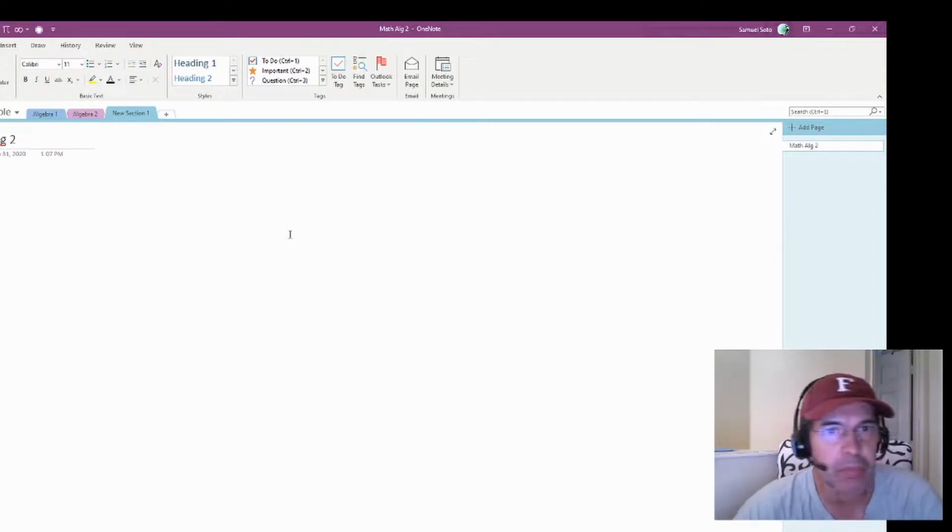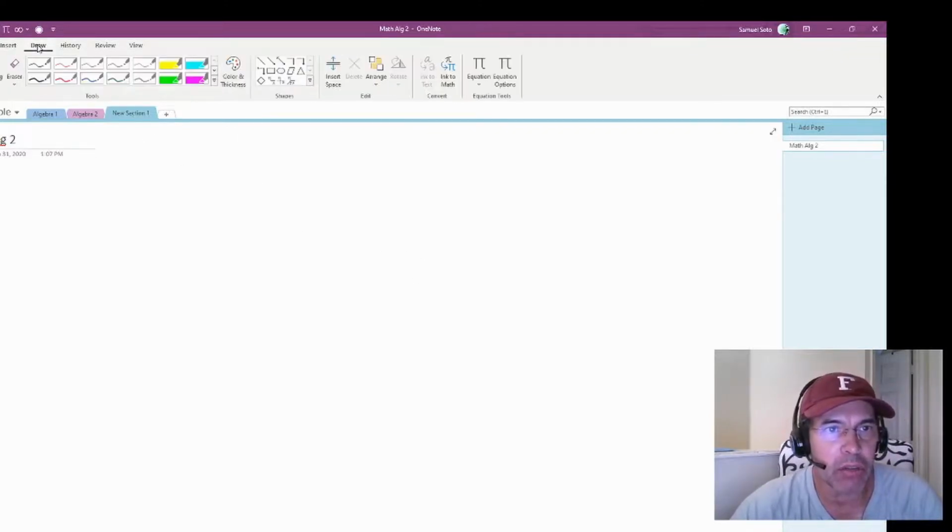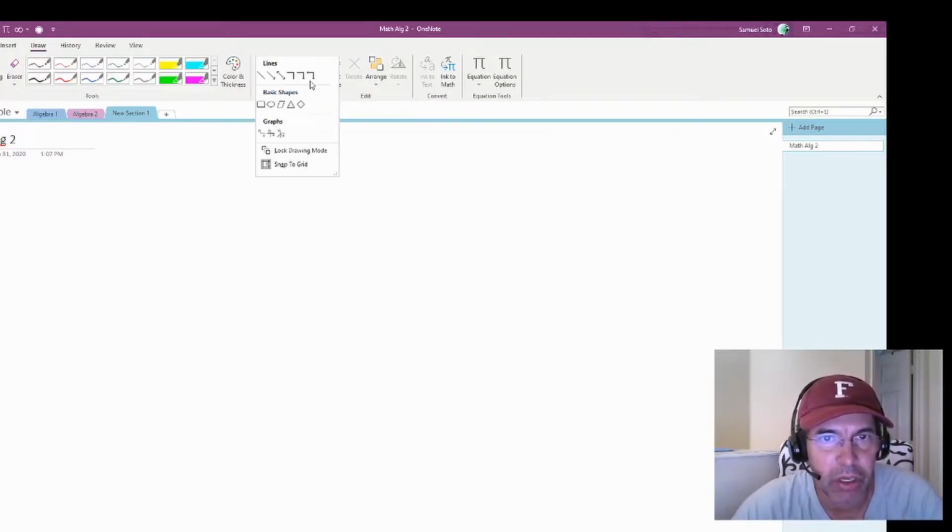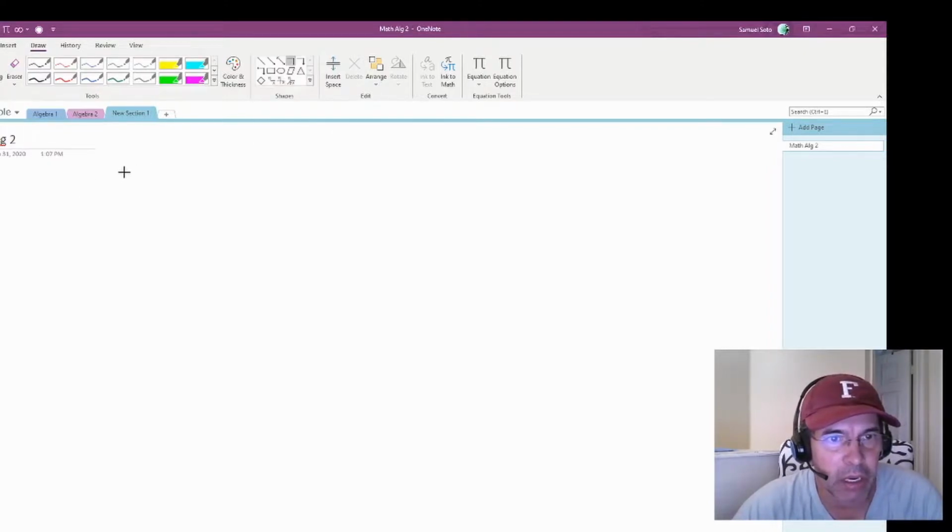For example, I want to draw a triangle first because I'm talking about trig ratios. So I go to the draw tool and I just draw a right triangle. It has some limits because there's no right triangle, so I'm actually just going to create one with this shape here, and then I'm just going to connect this line here, and I've got a nice right triangle.